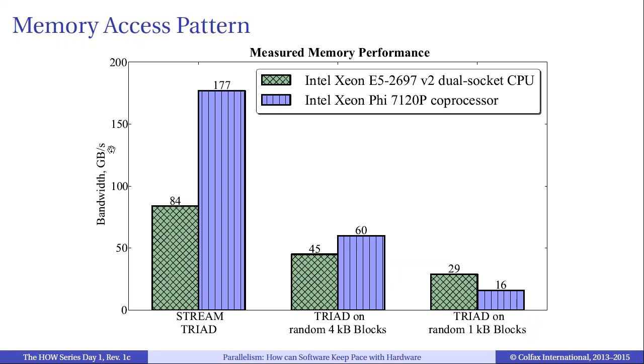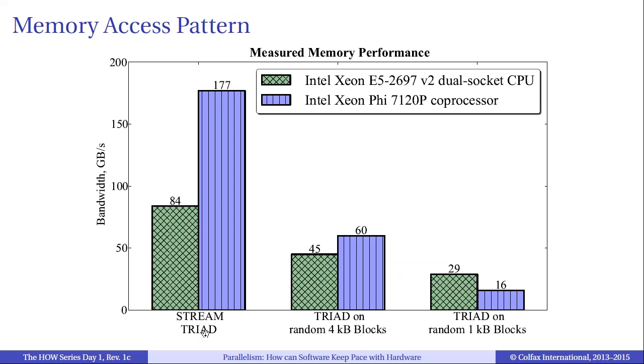So this is how fast I can transfer data from the system memory to the CPU, or from the onboard Xeon Phi memory to the Xeon Phi cores. So there is no PCI Express transport here. This is just the memory of the system streaming data into cores.